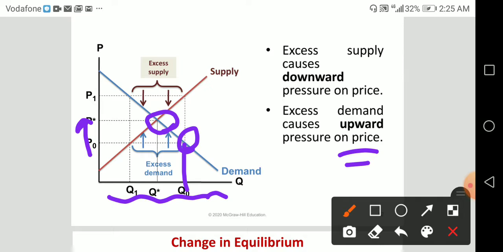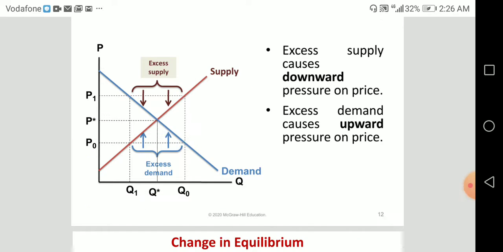What's the equilibrium point? It's where the supply and the demand curves meet at a certain price where the suppliers and the demanders will agree to buy and sell at this very important point of pricing. So when I'm having excess demand, the price of the product will increase.